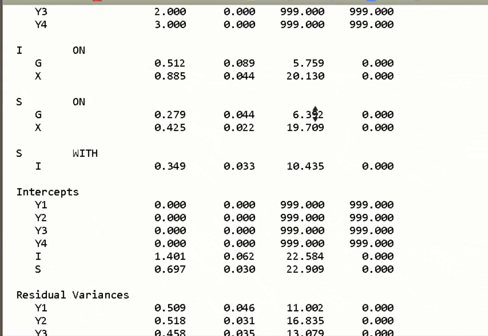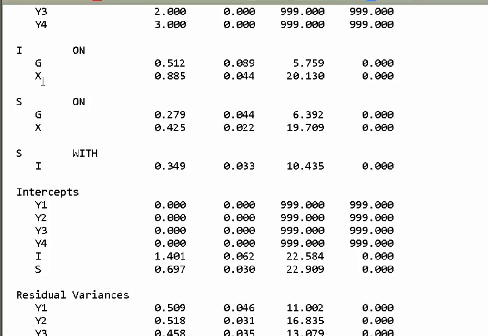Here we have our regressions of intercept and slope on our grouping variable and our continuous predictor variable. Here we have the regressions of our slope on our grouping variable and our continuous predictor variable. Now the regression of the intercept on the 2 covariates tells us how much the outcome variable differs at baseline.